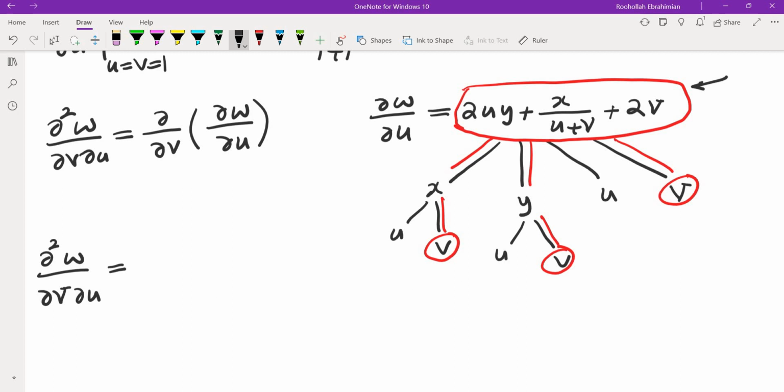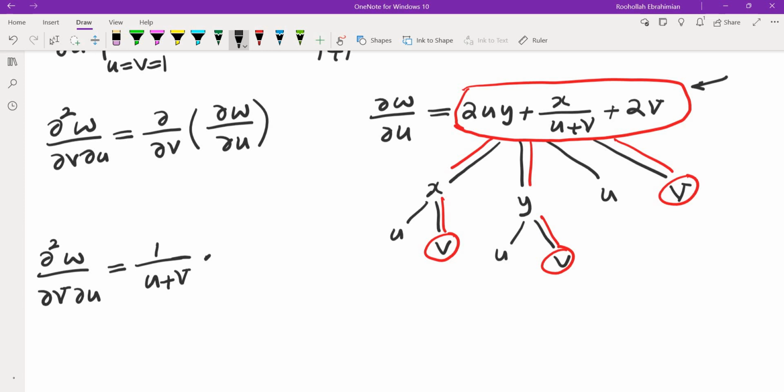Well, we have to take the derivative of 2uy with respect to x, that's 0. X over u plus v, the derivative with respect to x is 1 over u plus v. And 2v, partial of that with respect to x, is equal to 0, times partial of x with respect to v.